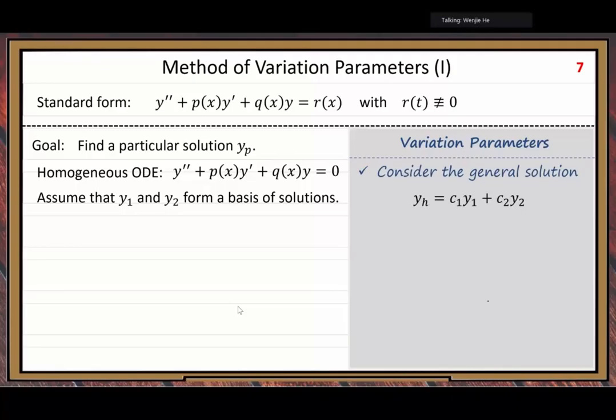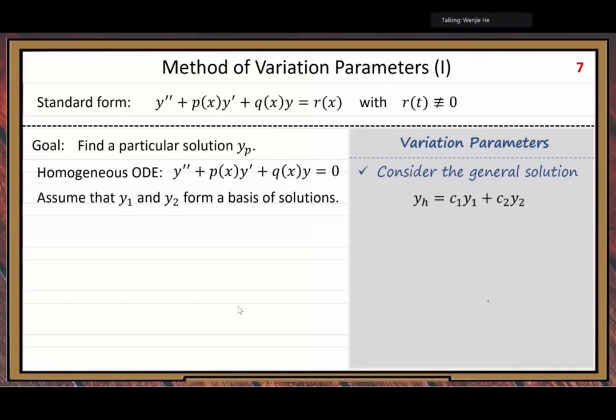So here we want to get inspiration from the constant case. When P and Q are constant, we can find y1, y2 functions, right? After we find y1, y2, we can write the general solution.